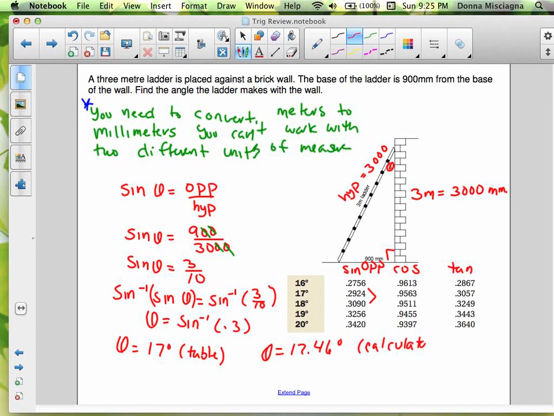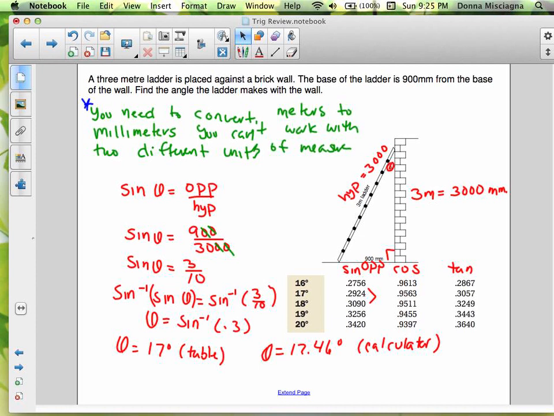So a little closer to 17 than 18 degrees, but really kind of right in the middle. And if you rounded to the nearest tenth, it would have been 17.5 degrees, right? So you might want to pick that value if you're right smack in the middle of the two values. Otherwise, whichever one you're closest to.